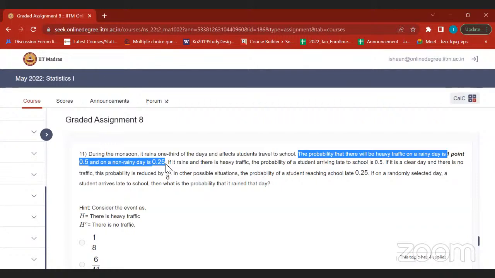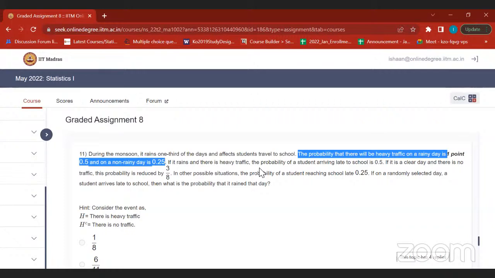Okay, sir. After that, if it rains and there is heavy traffic, the probability of students arriving late to school is 0.5. So in the first equation, when it is raining, 1/3, and when it is heavy traffic, then it is 0.5 for a student coming late to school.